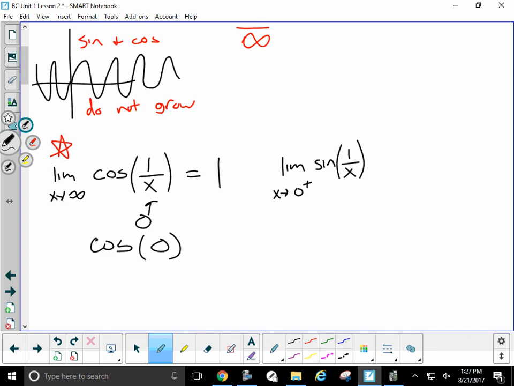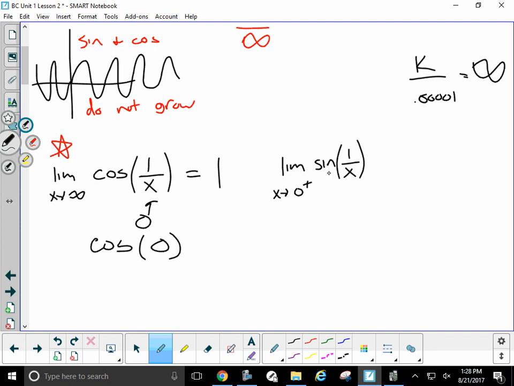Now, what about this one? Okay, this is very interesting. As x is approaching 0 from the right, we have 1 over something that's very, very small. That's positive. What is something divided by something very, very small? Something really, really big. Good. So it's important to know that 1 over something very, very small is something very, very big.